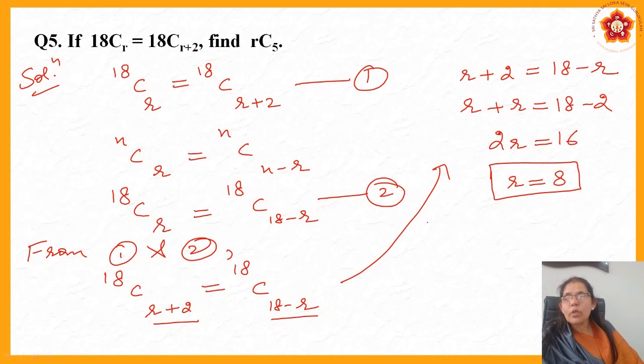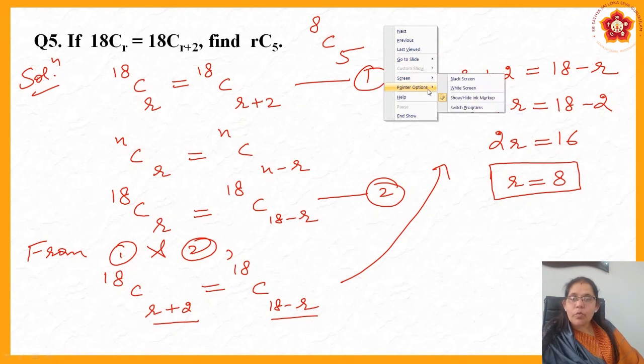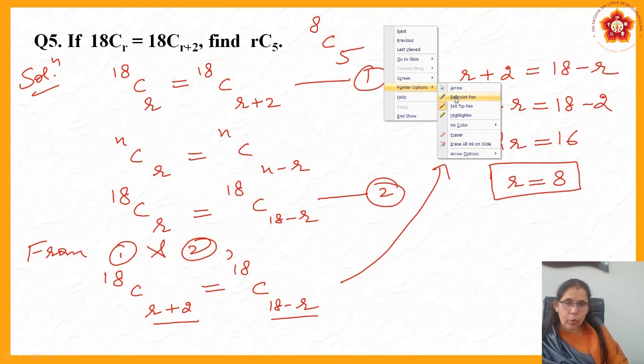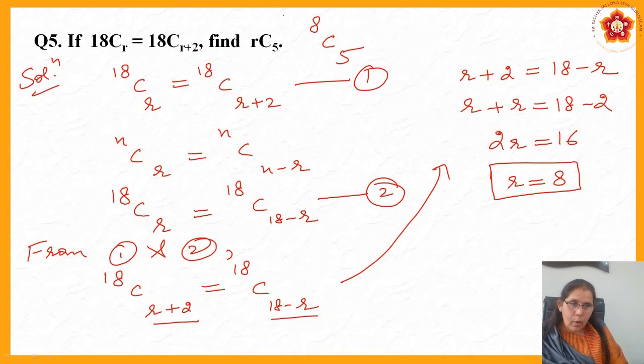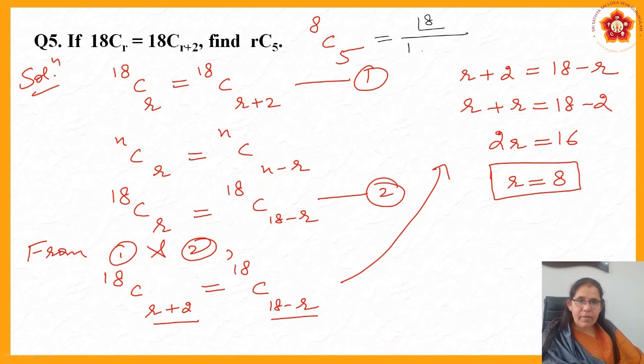Now once we know the value of R, we can find RC5. That is, we have to find 8C5. And how do we find 8C5? All of you know that. By now, we know how to find 8C5. 8C5 is factorial 8 upon factorial 5 into factorial 8 minus 5.